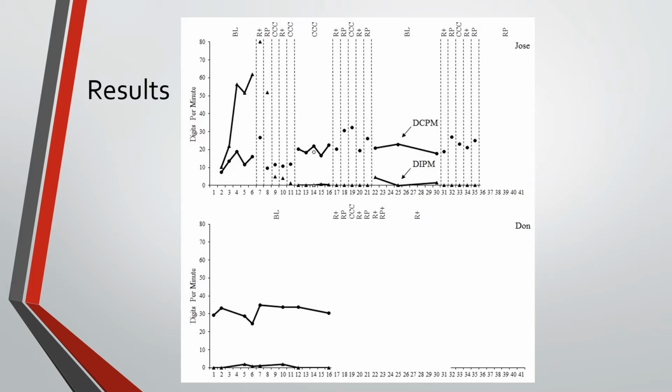And we still see that replication of repeated practice being identified as kind of the most effective intervention for Jose at this point. And so then we implement repeated practice and we see an increase up to what would be considered mastery range of digits correct per minute being calculated.